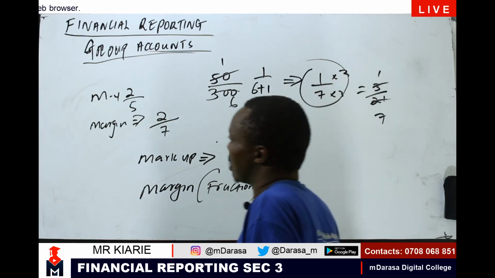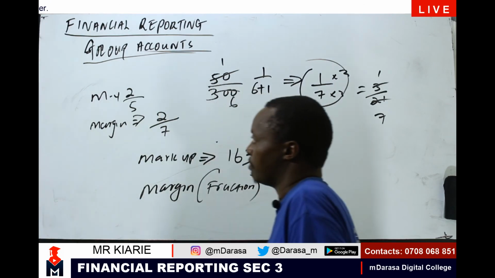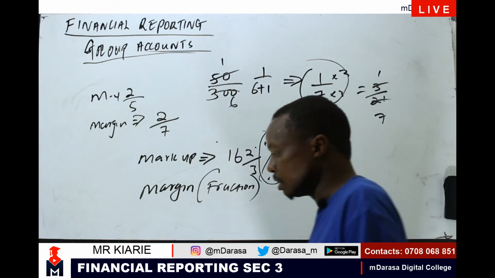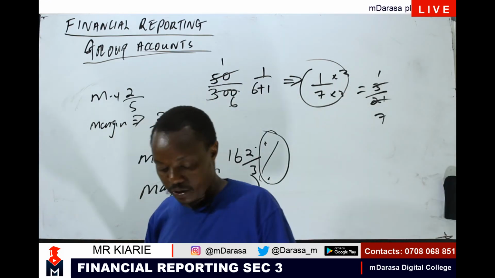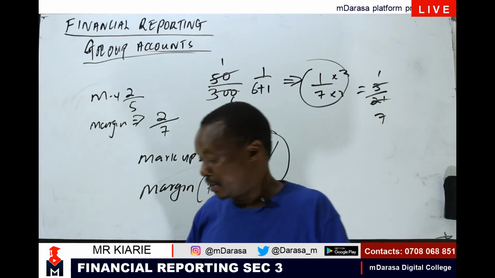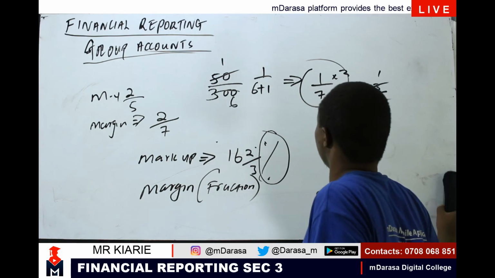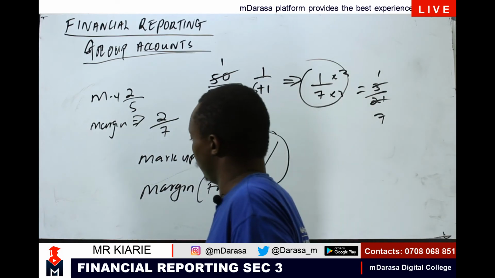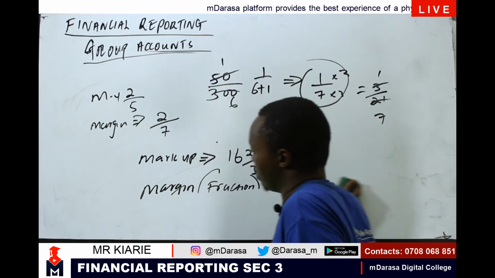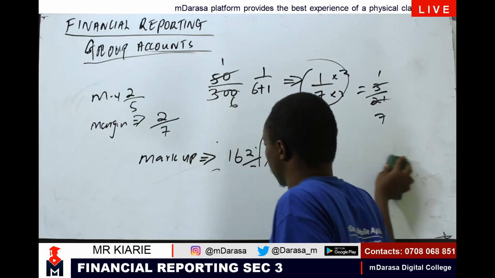Sometimes it can be a different value. Unless you have a question on unrealized profit, we can move on to the next concept. Make sure that you are very keen when it comes to markups and margins.